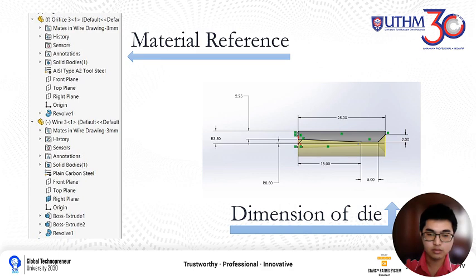The next part required for the wire drawing process is the wire drawing die. This figure is the sketch of the die for the wire process that we made in SolidWorks. You can see the overall length of the die is longer than the reduction length of the wire.